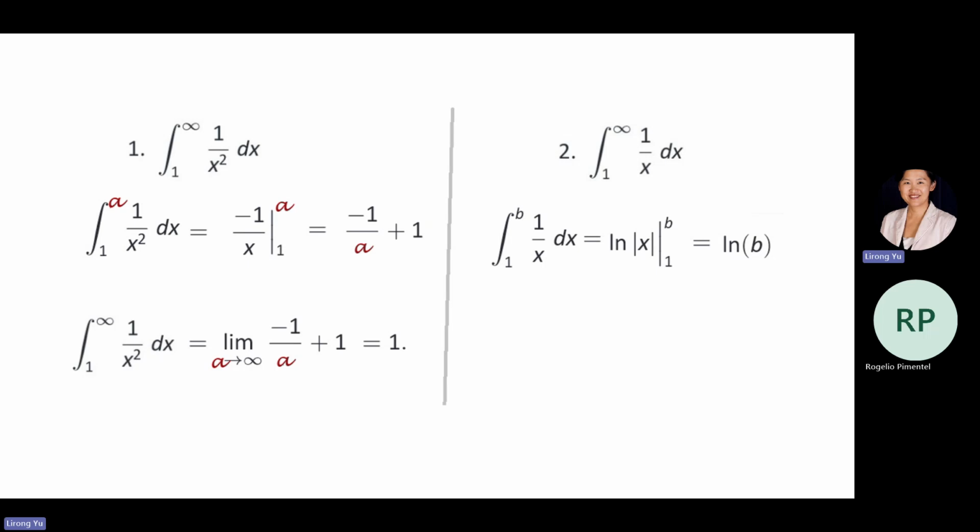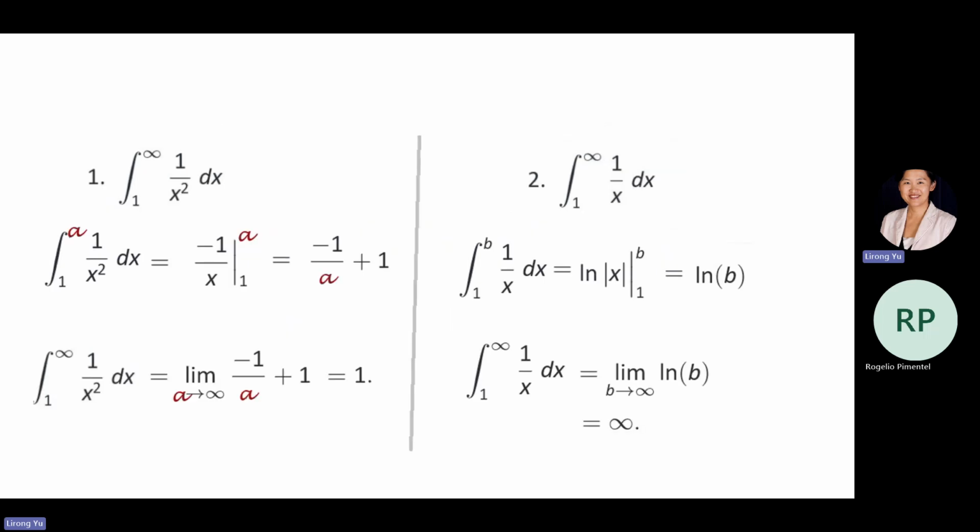Now it's a limiting process. We want to calculate the limit of the integration of 1 over x on the interval. That means once you have the answer for the finite interval, you make the number b go to infinity. So that's pretty much like calculating the logarithm of infinity.